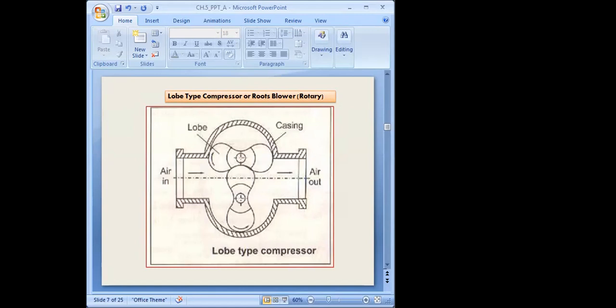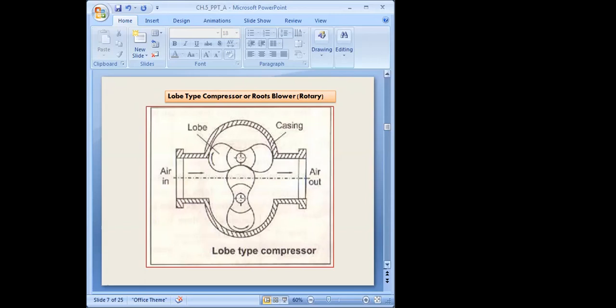This type of lobe or roots blower compressor finds its application in situations where a high volume of air is required but the pressure should be low. That time this lobe type compressor is used.